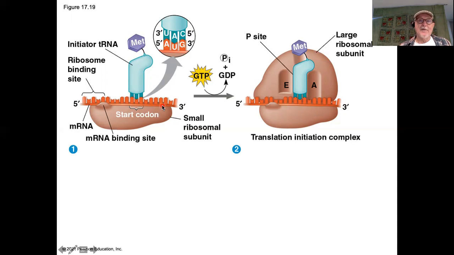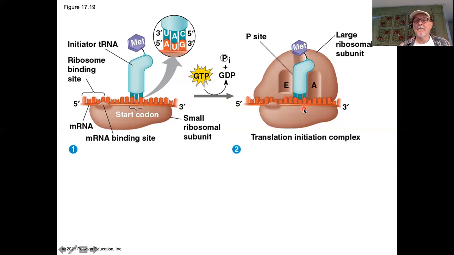If indeed everything is correct, with the assistance of some other enzymes, it brings in the large ribosomal subunit here, and that large ribosomal subunit orients itself specifically so that this is in the P site, and there it sits.